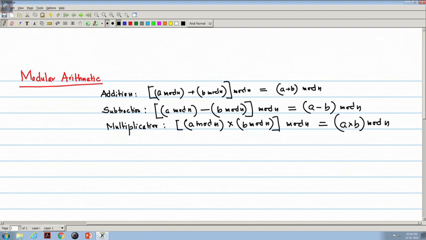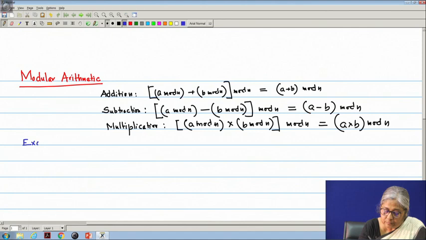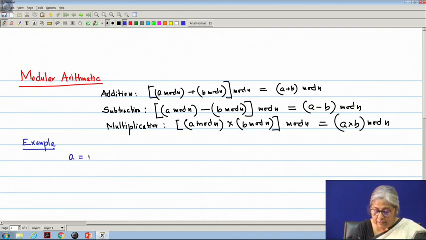Now, we take one example of how it is used for larger arithmetic, and what the advantage of this is. Say we take a equal to 11, b equal to 15 and n equal to 8.